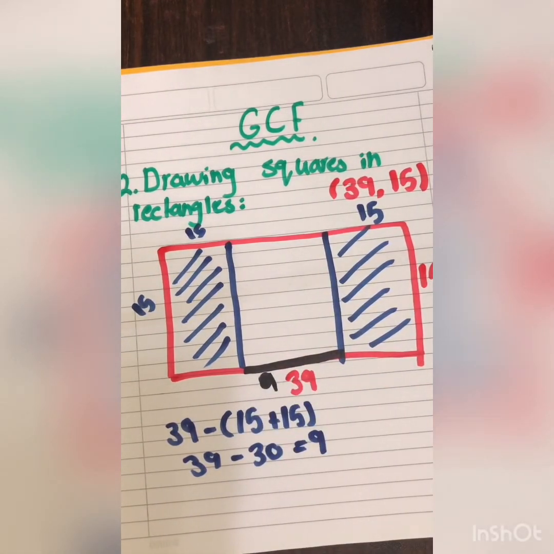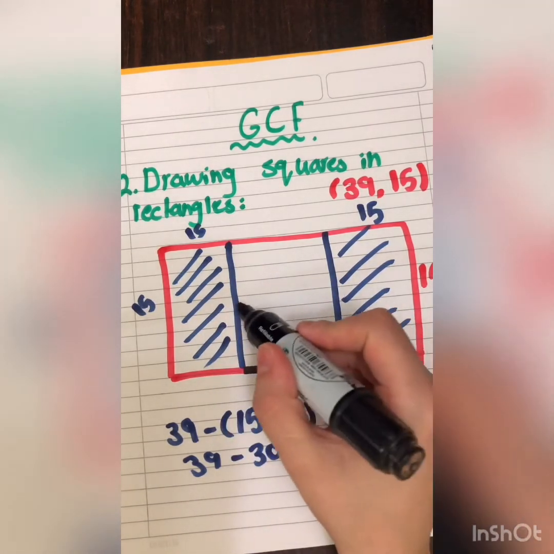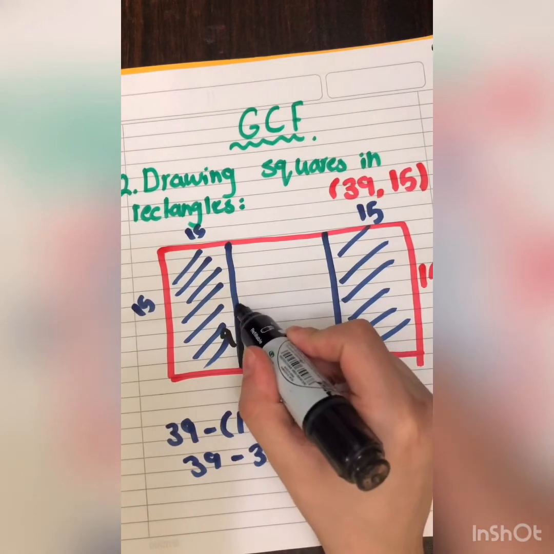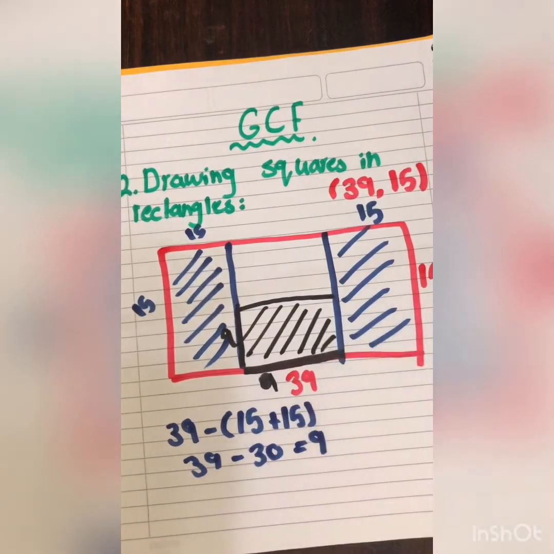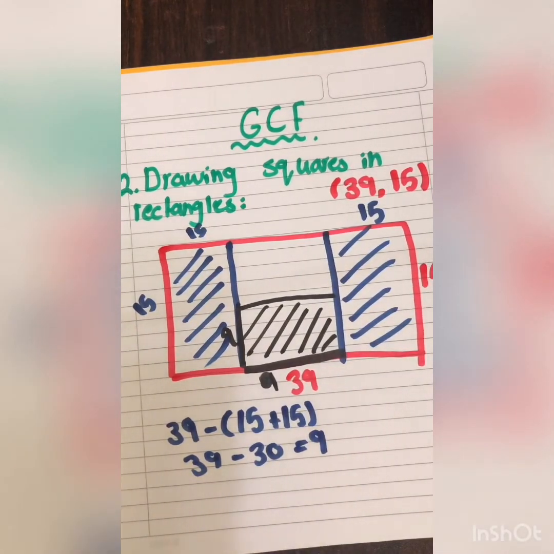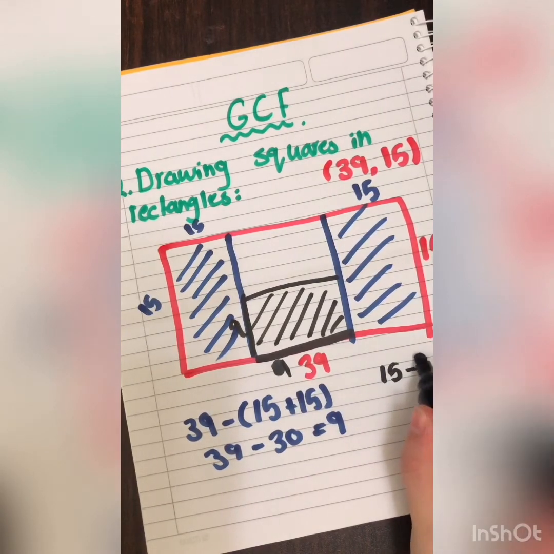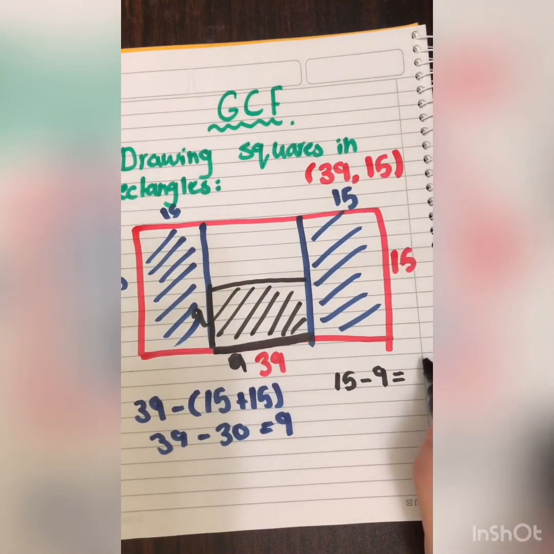So I can make a 9 by 9 square. So I can take from the 15 a 9, and I will make a 9 by 9 square. Now I want to know how much is left from the 15, so I'm going to subtract 9 from 15. 15 minus 9 is 6.